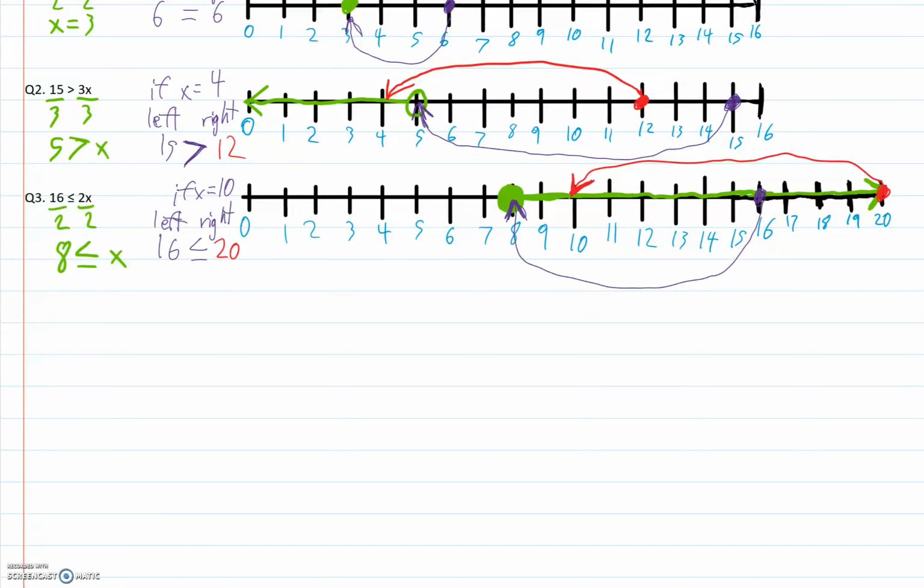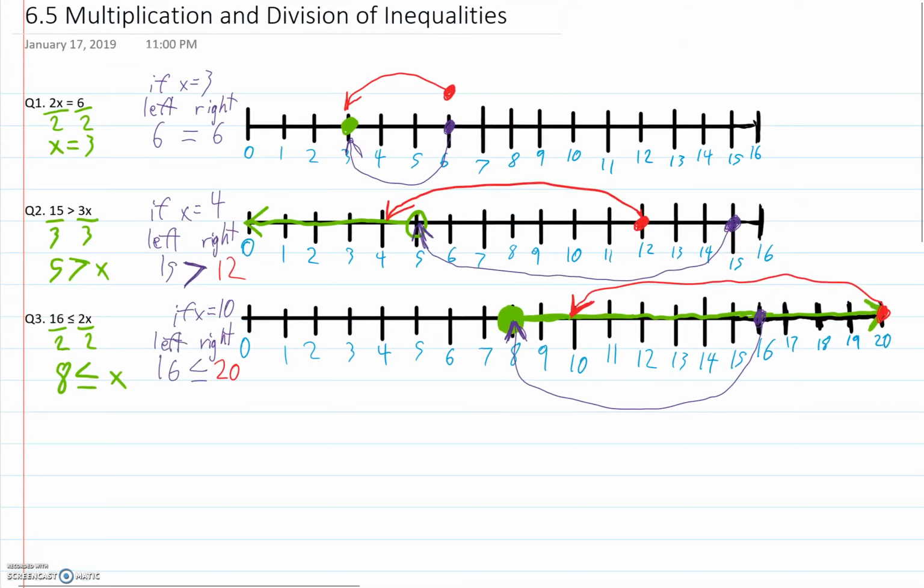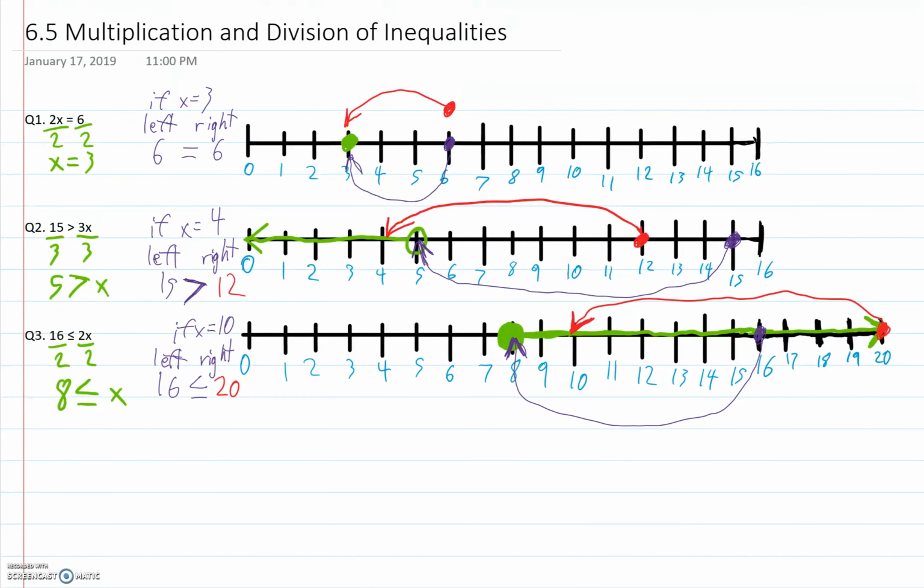It's halfway. So both of them move by a half, which is good, but you'll notice that the purple one is still smaller than the red one after it moves. So it still fits that inequality that we discussed at the beginning.